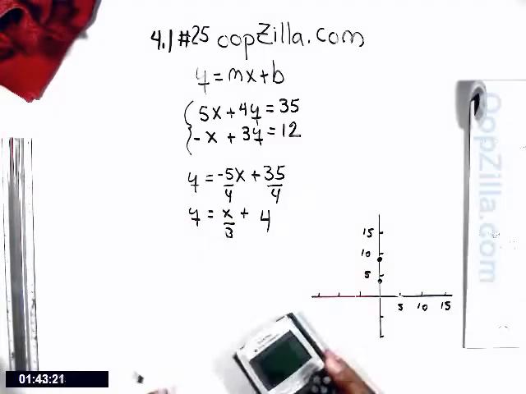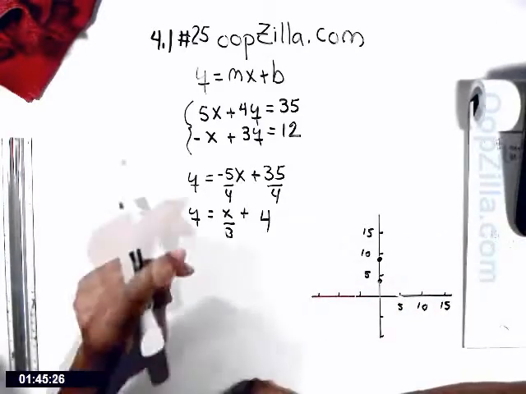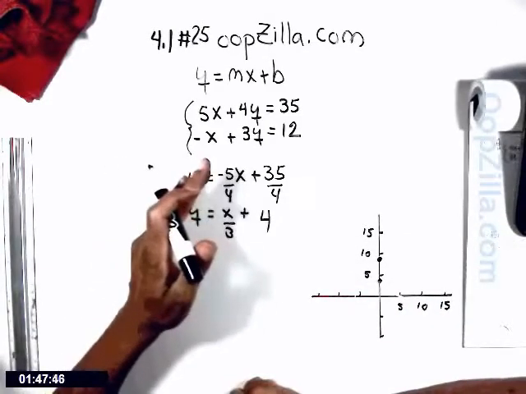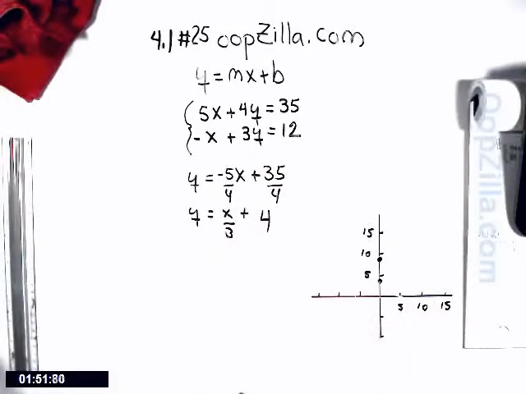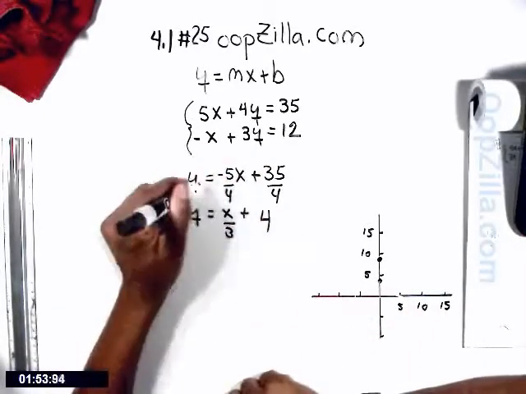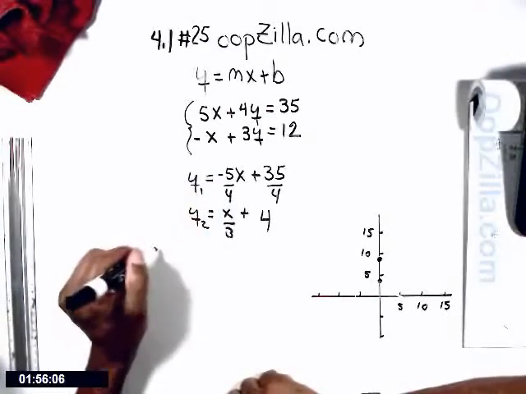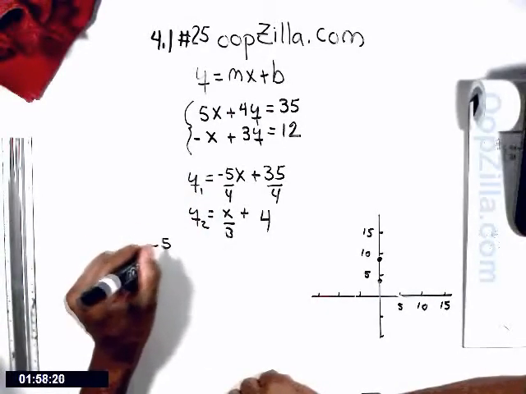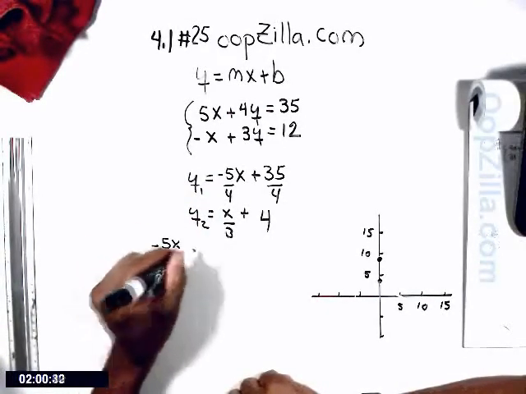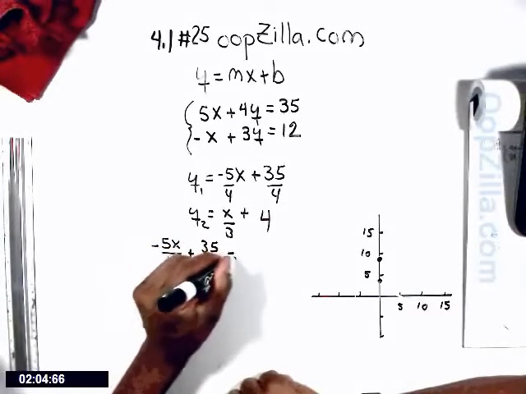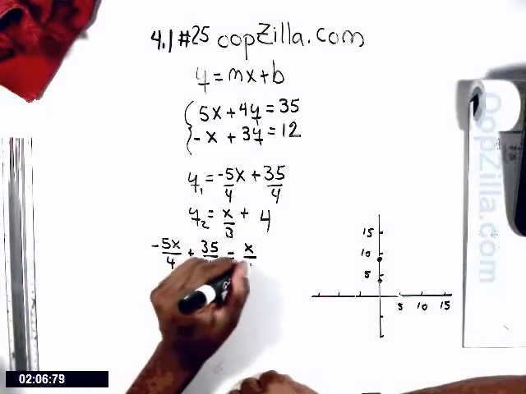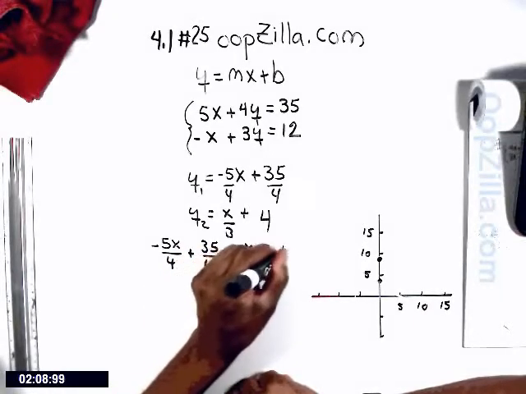Now I want to find out what my x value is when they intercept. So I'm going to take these guys and set them equal to each other. I'm going to have minus 5x over 4 plus 35 over 4 equal to x over 3 plus 4.